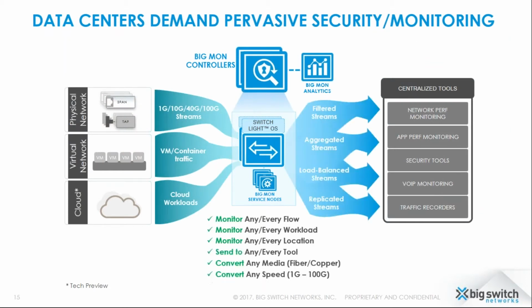Here we give you an idea of all the things that you can monitor with our solution. Using the single fabric, single controller approach, we have plugins with our Big Monitoring service node that allows us to do things like packet deduplication, packet slicing, time stamping, all those things. We also have an analytics platform that allows you to not only feed your tools, but get some correlatable data and be able to see what's going on in your network as well.